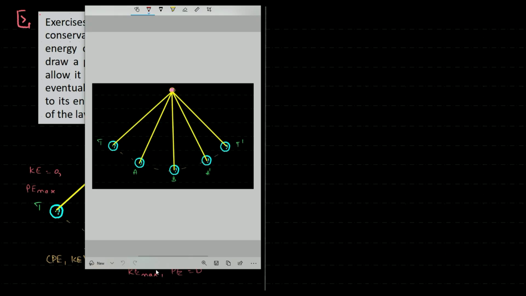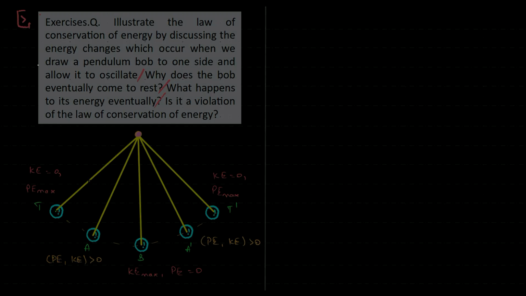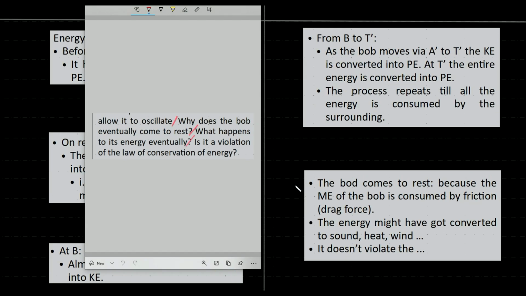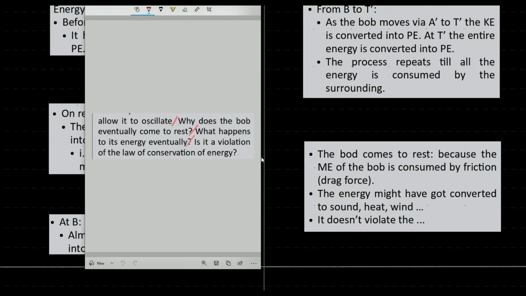Now to answer the remaining part of the question. Why does the bob eventually come to rest? The bob comes to rest because the mechanical energy of the bob is consumed by friction, that is the drag force. That is the air basically. Air has molecules, they get hit and so on. So there is some kind of friction.